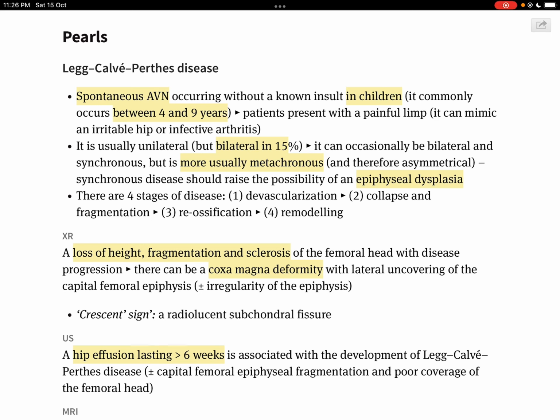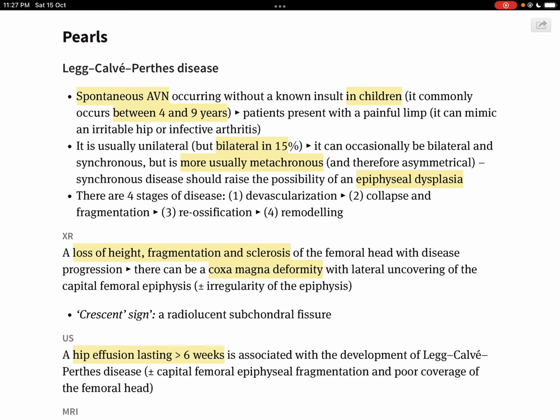Legg-Calvé-Perthes disease is spontaneous AVN occurring without a known insult in children. It commonly occurs between 4 and 9 years. Patients present with a painful limb. It can mimic an irritable hip or infective arthritis.